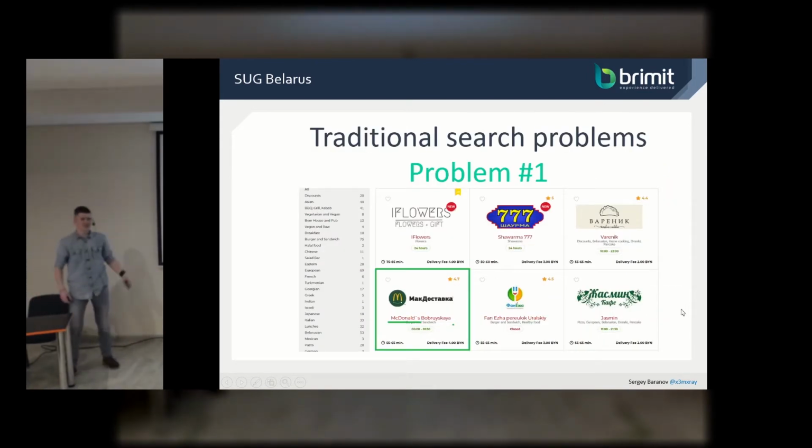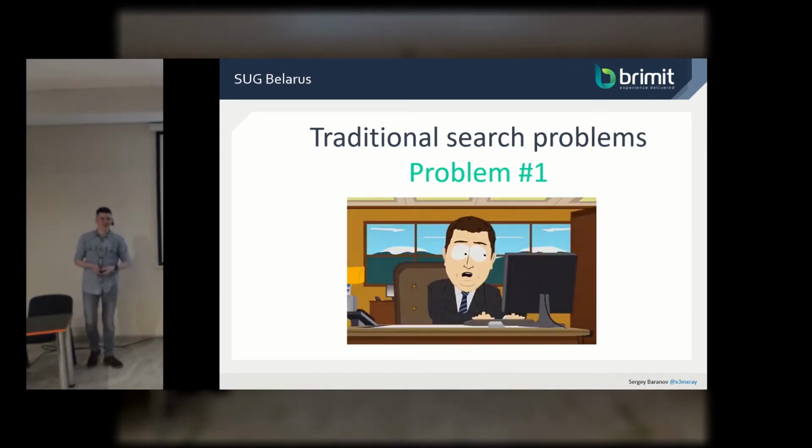But as you can see, McDonald's is present in the list, but you can't find it. And this is a big problem for real solutions. As for me, if we had any other good delivery service in our country, I would use it only if it had a good search engine.